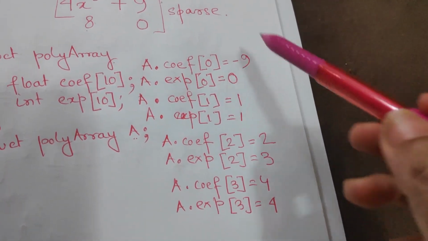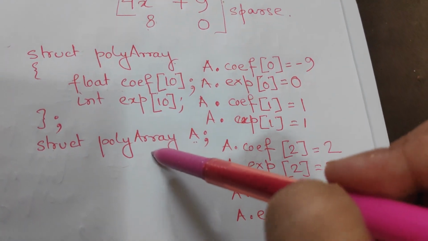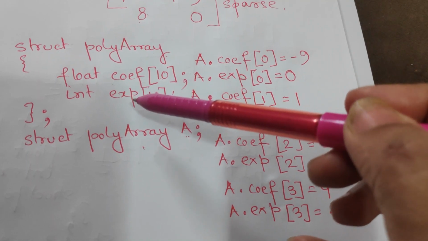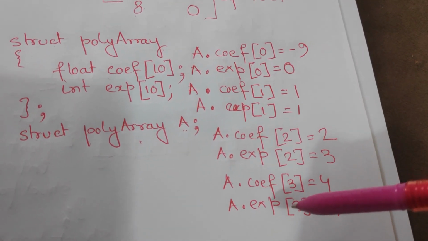So this is how this particular representation will work, and using this array of coef and the array of exp, we would represent the polynomial.